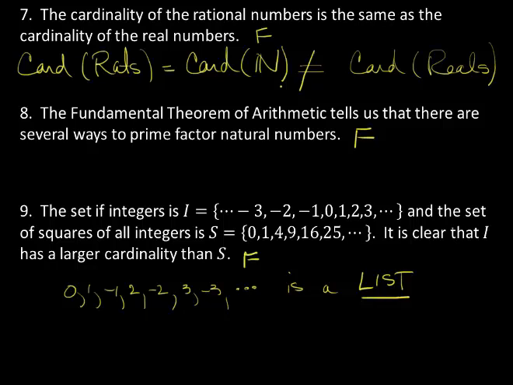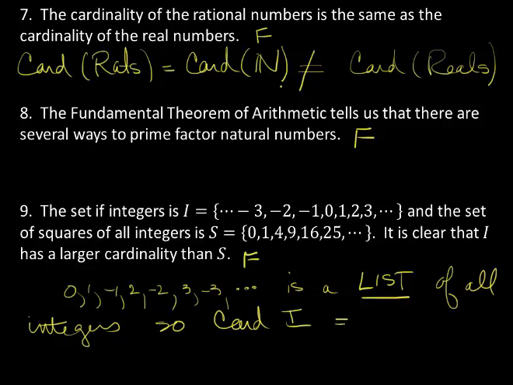But this is a list of all integers. So the cardinality of the integers we know is equal to the cardinality of the natural numbers. Any infinite set that can be listed has the cardinality aleph naught, or the cardinality of the natural numbers.